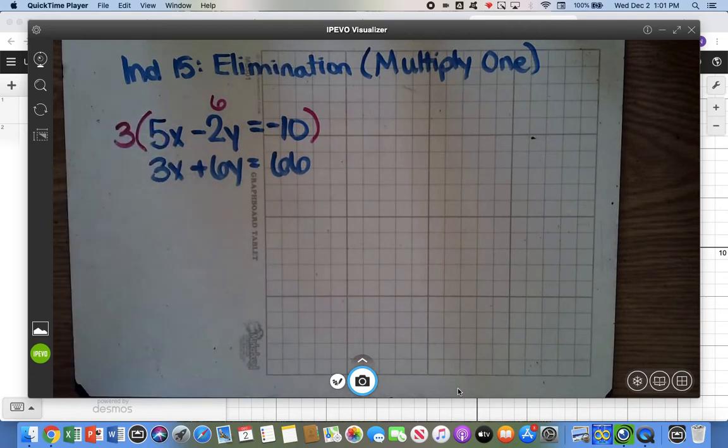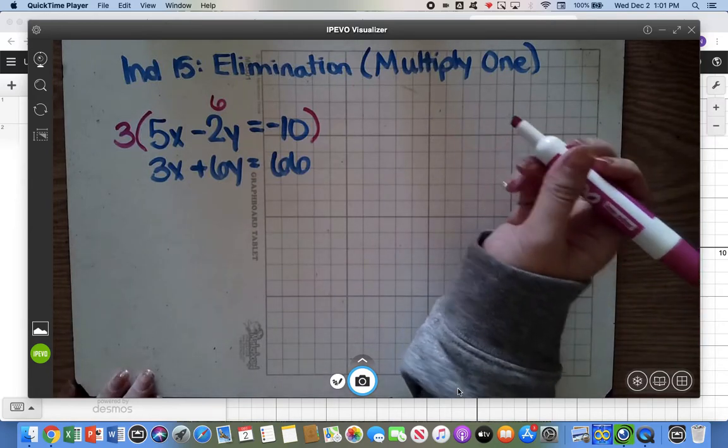So just like we did on Friday when we changed signs in order to eliminate, if you do something to one, you have to do it to all. So we're going to multiply this by 3 in order to get that 6y, but we have to also multiply that 5 and that -10 in that top equation to make it work.